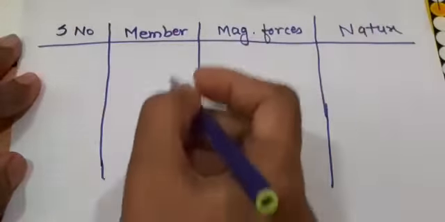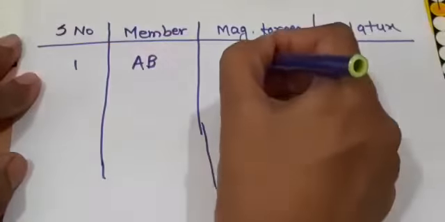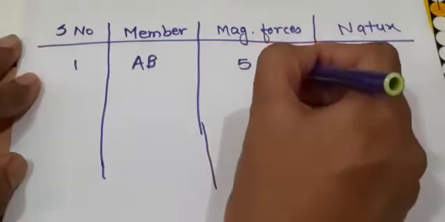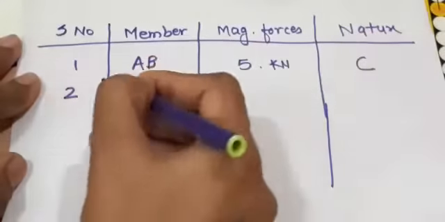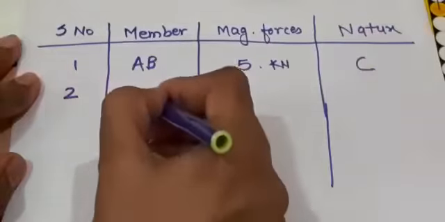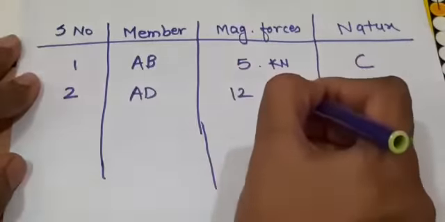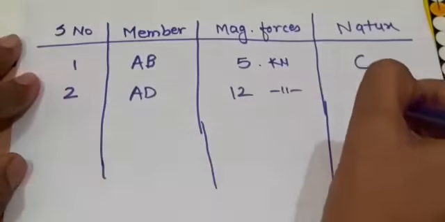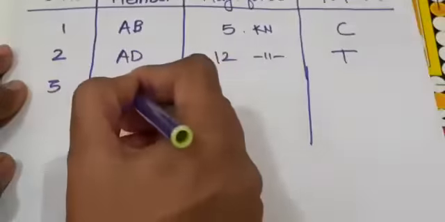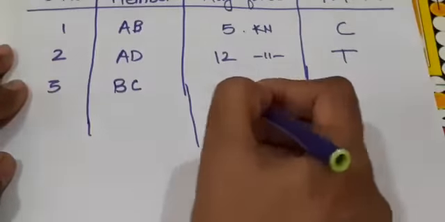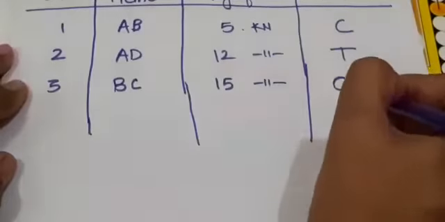So the first member is AB and the magnitude is 5 kilonewton and nature is compression. Second member is AD. Magnitude of force in AD is 12 kilonewton and nature is tension. Then the third member is BC, having magnitude 15 kilonewton and nature is compression.